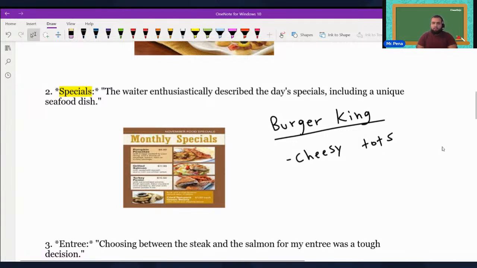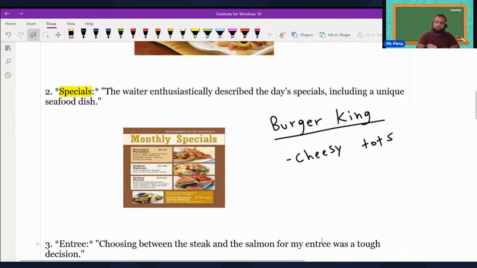Sometimes they come in. Sometimes they're only available during certain portions of the year. We don't always have Cheesy Tots, so that's why they're called a special.